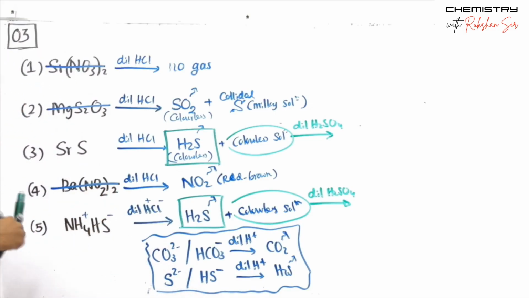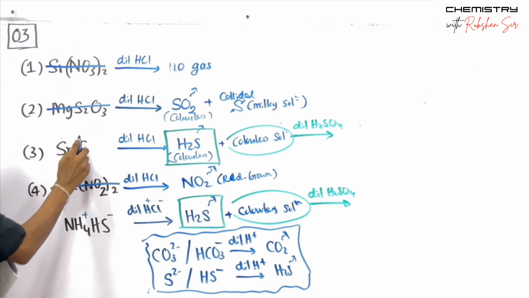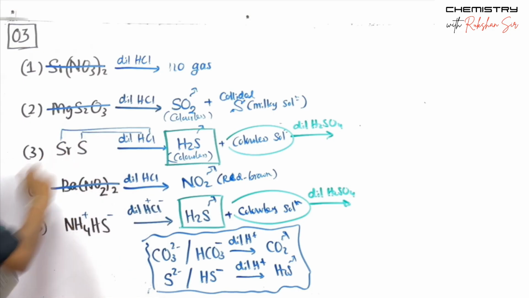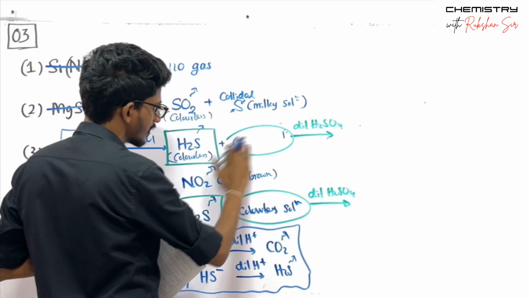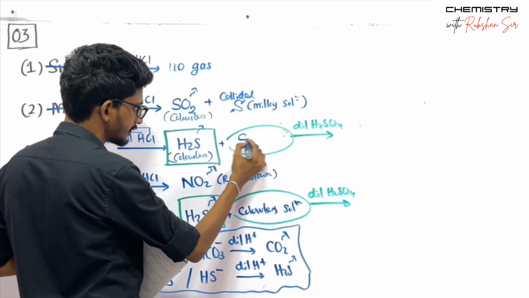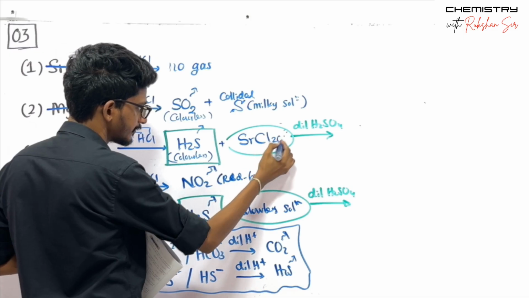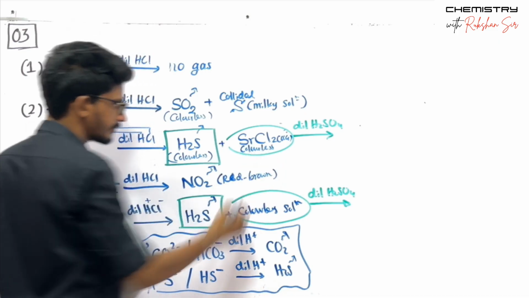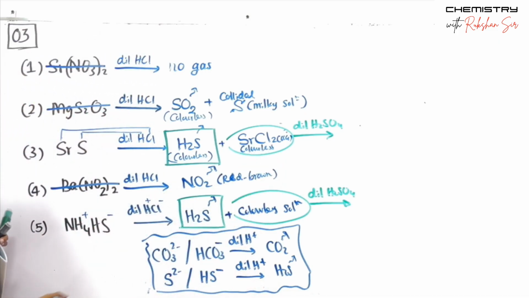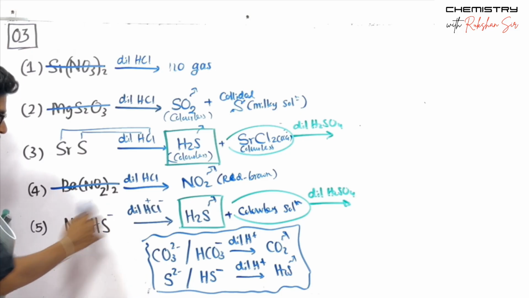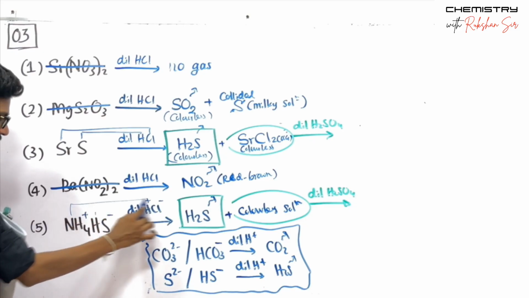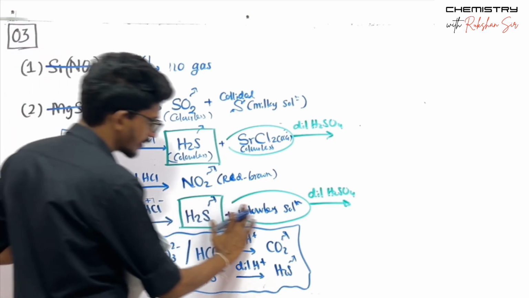What is the solution available here? These two are producing the H2S gas. The solution is strontium chloride here. Here the solution is ammonium chloride, the ammonia and the Cl minus. Ammonium chloride is the solution here.